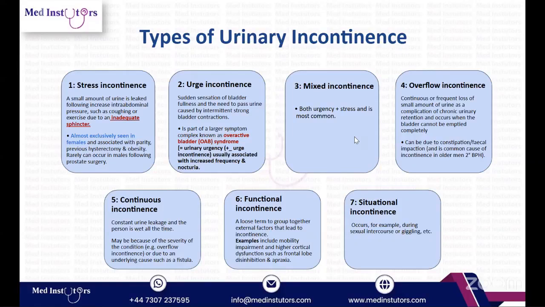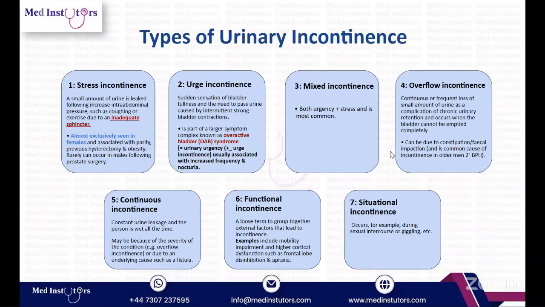Okay, the main difference between 4 and 5 is that in 4, there might be episodic leaking of urine because the patient is not able to empty their bladder completely. These types of patients may have urinary retention, and that happens due to urinary outflow obstruction. For example, males who have benign prostatic hyperplasia.